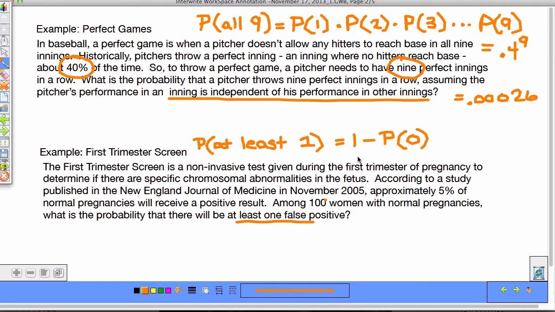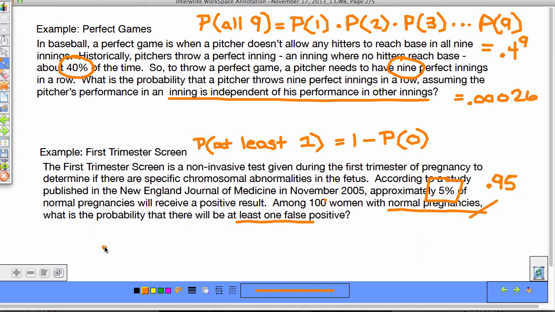They're going to get negative results because they have normal pregnancies. So if it's not a false positive, that means it's an actual negative result. So the probability that there are no false positives is the probability that all 100 women are getting accurate negative results. If there's a 5% chance each woman will get a false positive, that means there's a 95% chance they're going to get the right thing.